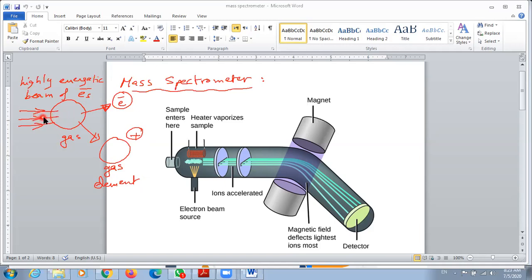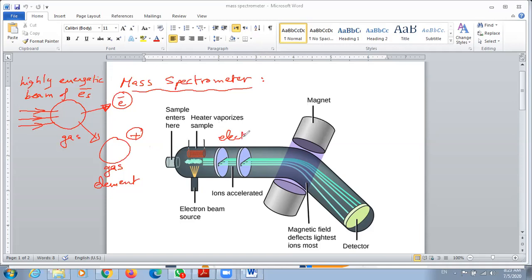Whenever something is collided with an energetic beam of electrons, an electron is emitted and the sample itself will be ionized to a positive ion. Okay, now here, this is our sample that is positively charged. It contains a positive ion here. Now, it's introduced to an electric field.